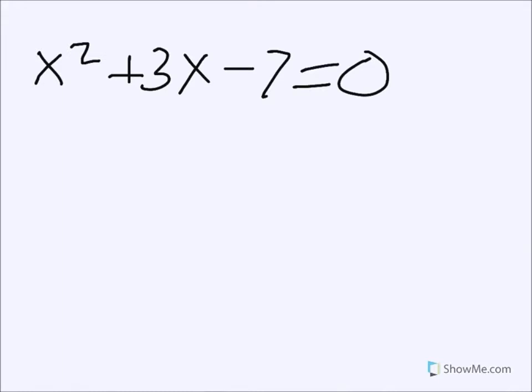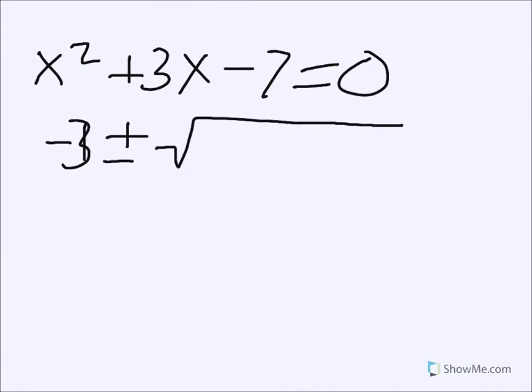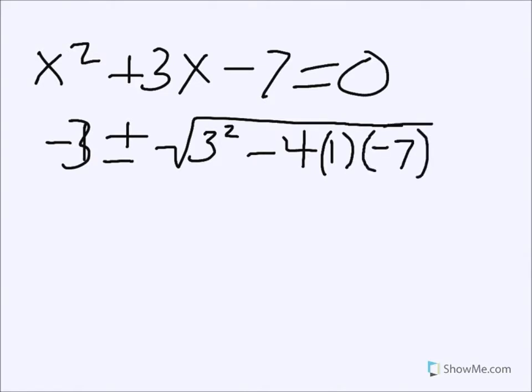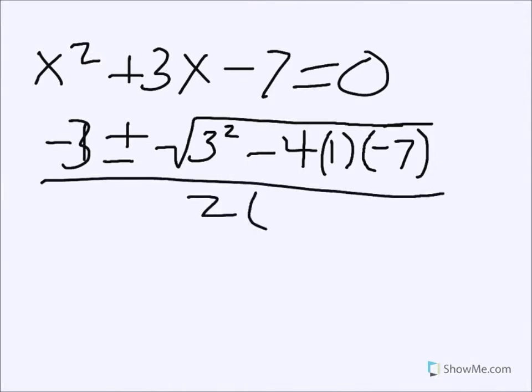So b is 3, so negative 3 plus or minus the square root of b squared, so 3 squared, minus 4a, which is 1, and c, which is negative 7, and then all of that over 2a, which is 1.